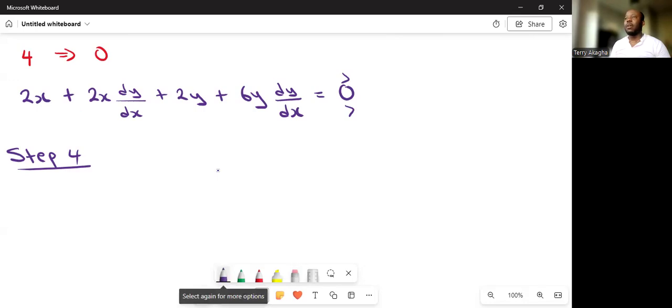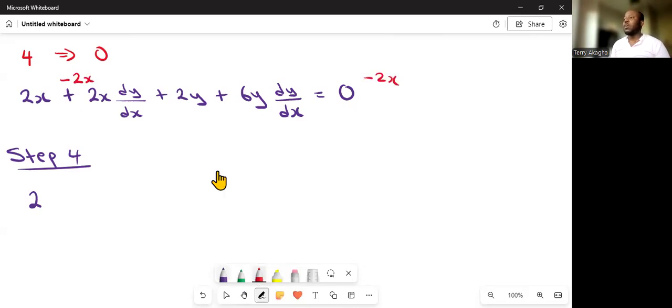So if you want to use the subtraction method, because I found that students love the subtraction method. So what I'm going to do, because I want the dy over dx to be on one side, I'm going to first subtract 2x from both sides.